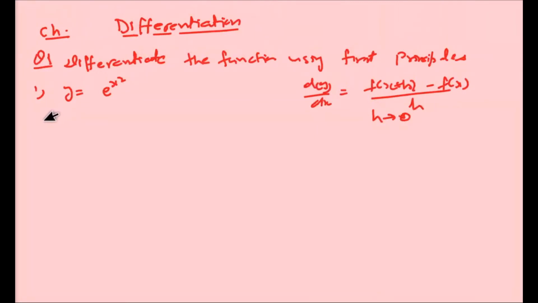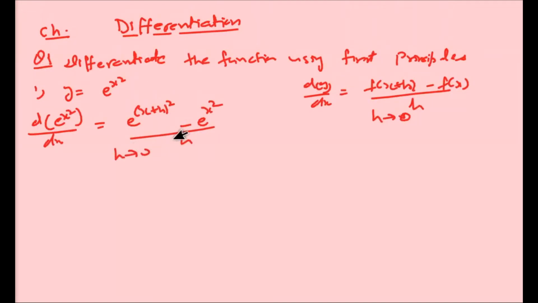Now using this we can write d by dx of e to the power x square. We can write here f(x plus h), which means taking e to the power (x plus h) whole square minus e to the power x square upon h, h tends towards 0.